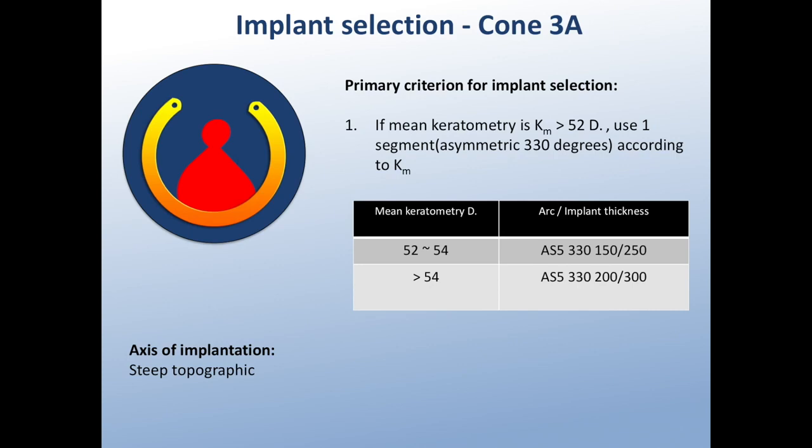The difference with the two asymmetrical implants is reduced to a minimum because of implanting two asymmetric kissing rings. We use 330 to correct higher dioptric powers, therefore a more evolved keratoconus, because, obviously, it has more force in flattening the cornea.